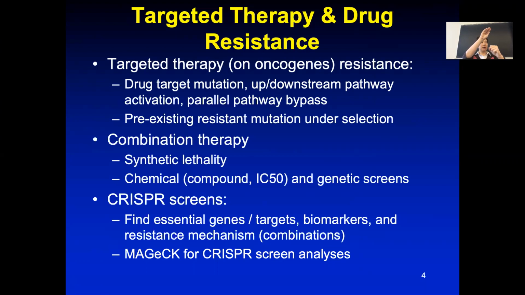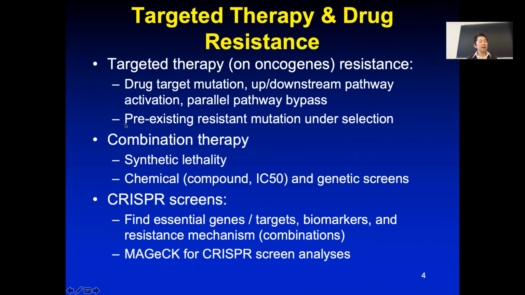There could be a mutation either upstream of the pathway, which then uses a different way, or downstream of this particular gene that you are using a drug on. So the downstream gets activated, then this drug in the middle will not work anymore. And also sometimes there are parallel pathways that can bypass this. So if you're targeting this pathway, a completely different pathway gets activated to turn on the tumor growth.